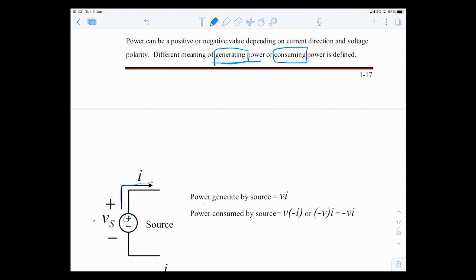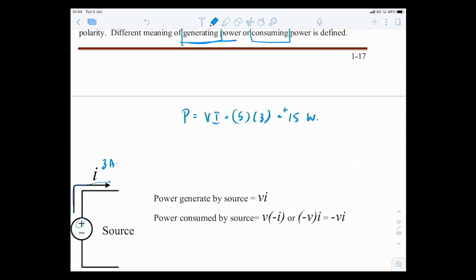If Vs is equal to 5 volts and I is equal to 3 amps, then P is equal to V times I, equal to 5 times 3, equal to 15 watts. The answer is a positive value.